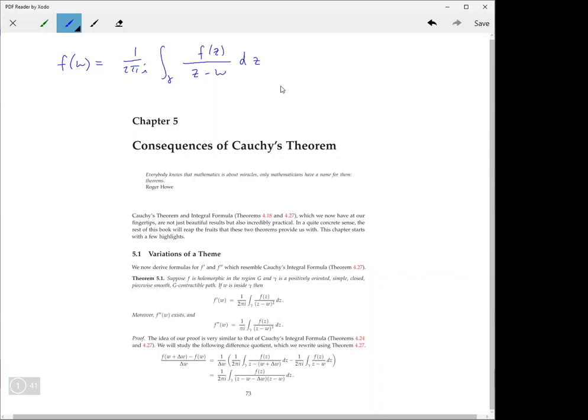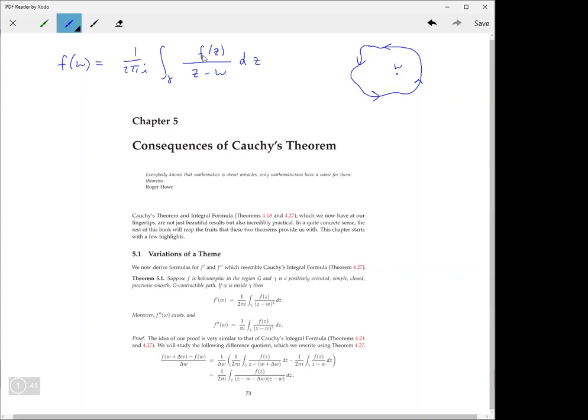Of course, gamma is a curve with a positive orientation, simple, closed, piecewise smooth. It can have some cusps here and there, but it's completely closed, meaning the starting and ending point are the same. And w is somewhere inside the curve.